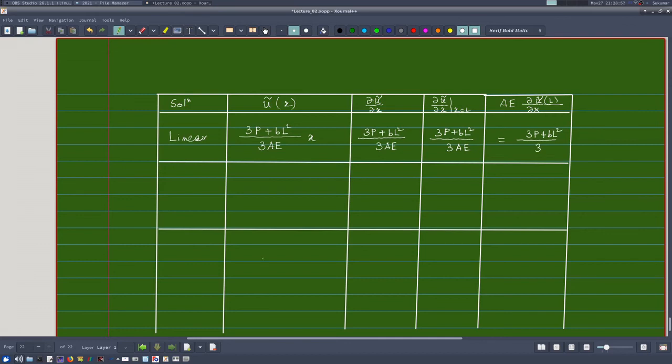So natural boundary condition is not fulfilled. I can add one more column for remark: NBC fulfilled. Here it is no.